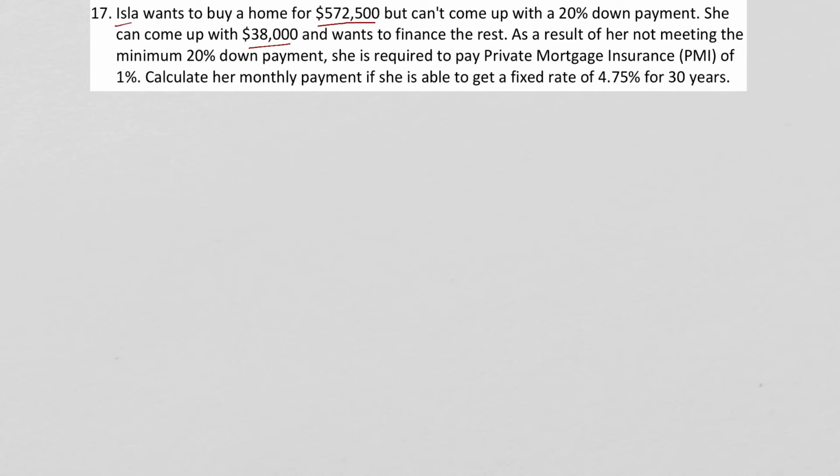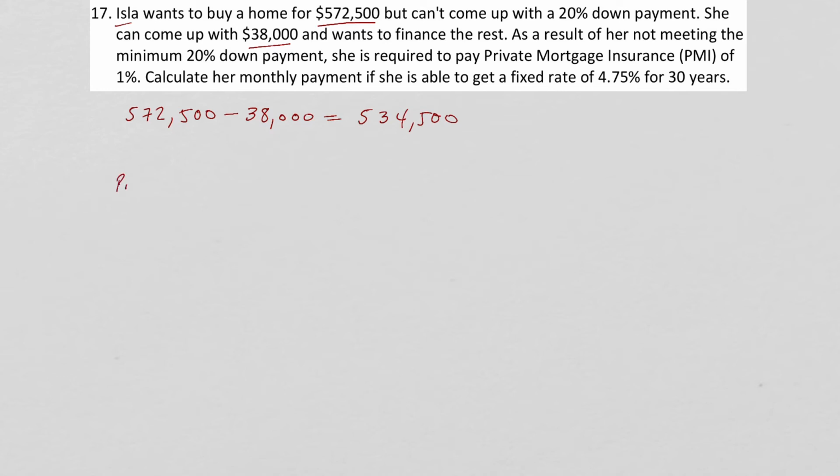In order to figure out her total payment, let's first see how much she's borrowing. So we'll take her $572,500 price of the home minus what she's putting down as a down payment, and it means she's going to try to finance $534,500.